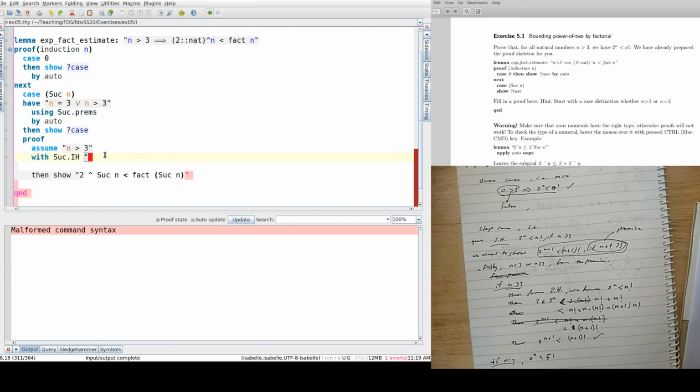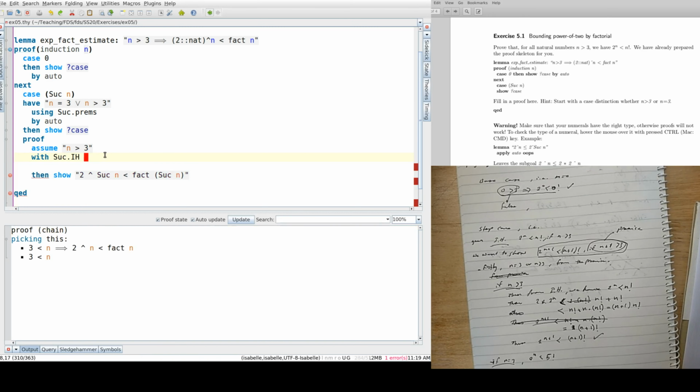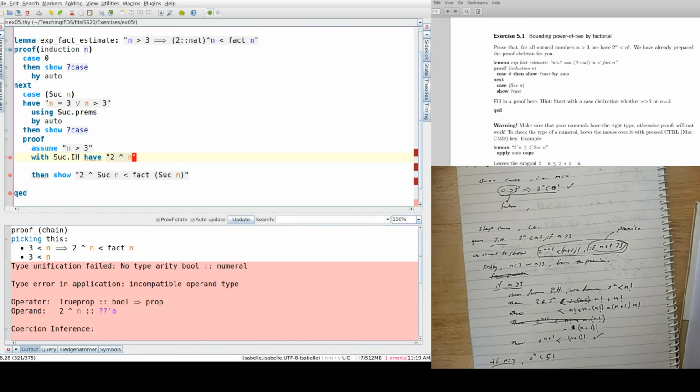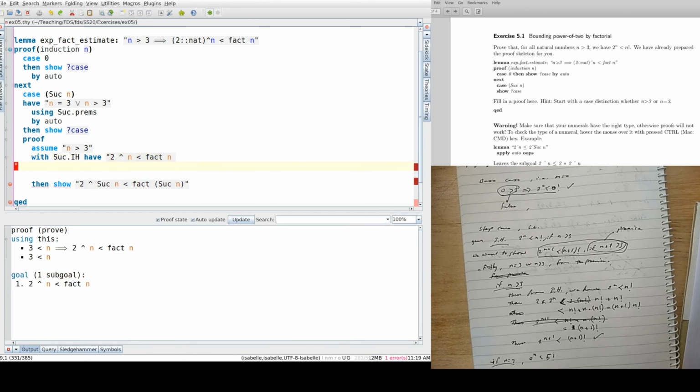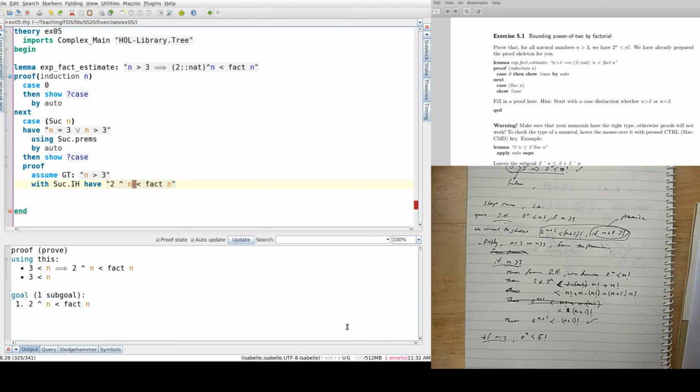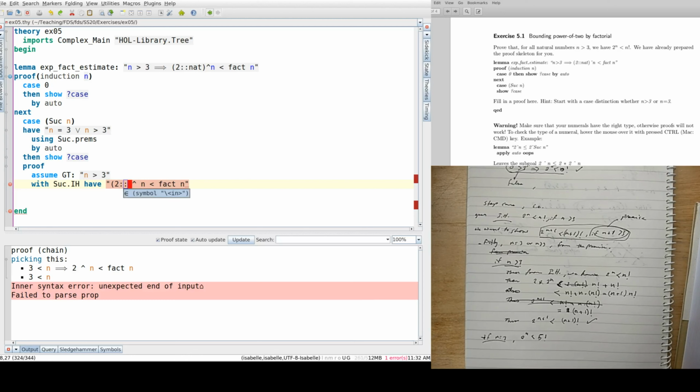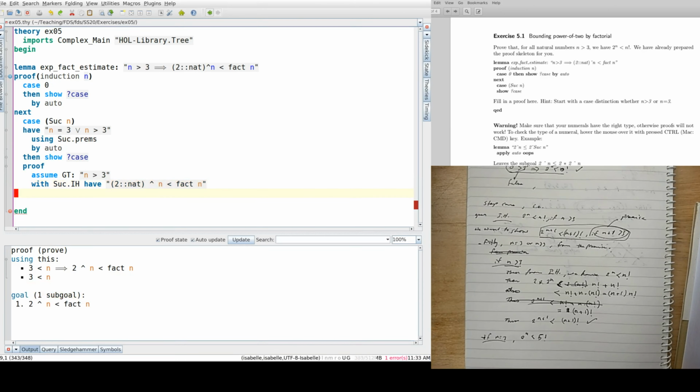So we have that 2 to the n is strictly smaller than factorial of n. Yeah, so what we need to do here is to fix the type of the 2 to nat, and then that will go through well.